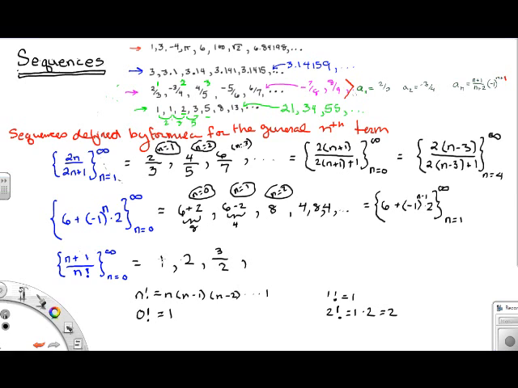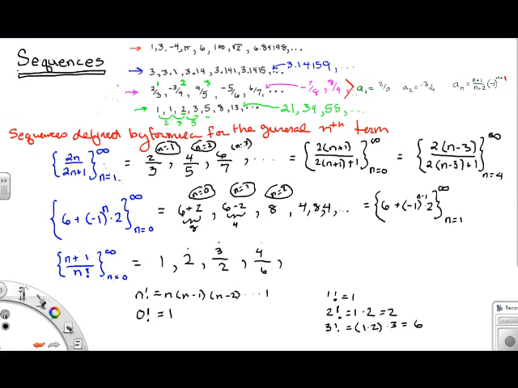Okay, next one's going to be 3 plus 1, which is 4, right? So this is the 0th term, first term, second term, so we're in the third term. So 3 plus 1 is 4 over 3 factorial. Well, notice that 3 factorial is 1 times 2 times 3. So it's 2 times 3, which is 6.